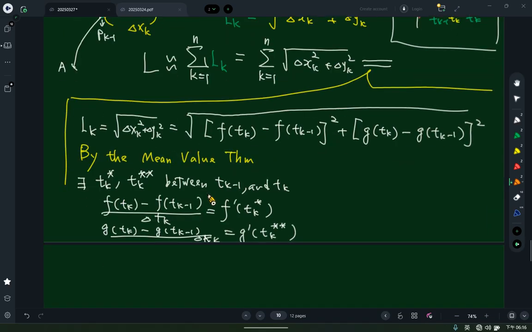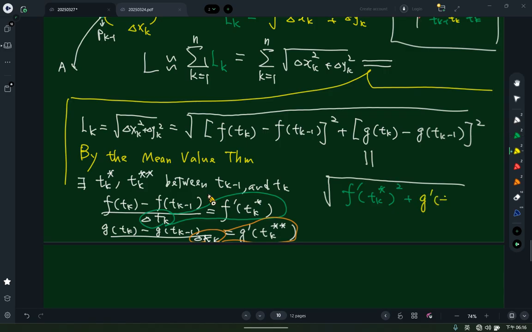Okay, so with this one, we can move this to here, and this to here, so that the whole expression can be changed to the square root of f prime of t_k star squared plus g prime of t_k star star squared.